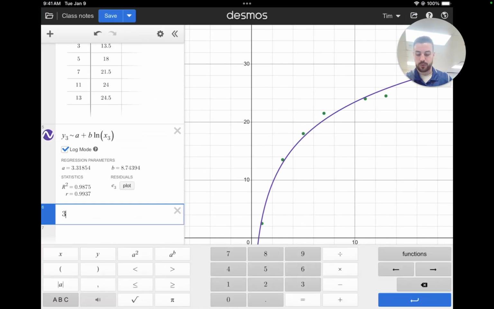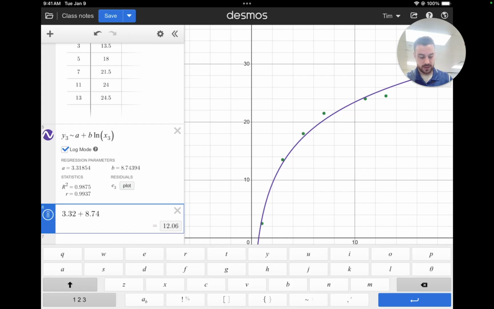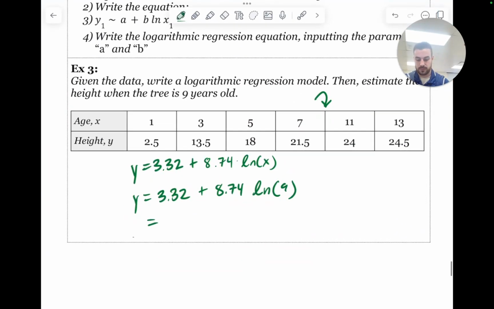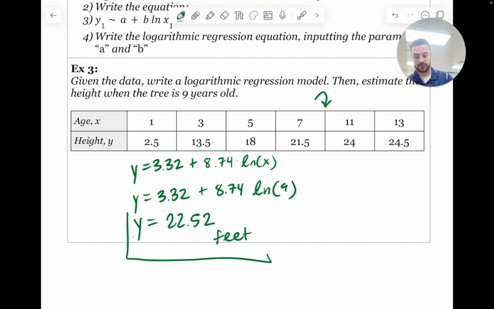So I have 3.32 plus 8.74 times the natural log of 9. So I get 22.52. And so what that tells us is we are predicting that at 9 years, the height of the tree is going to be 22.52. And I'm going to assume we are talking about feet here.